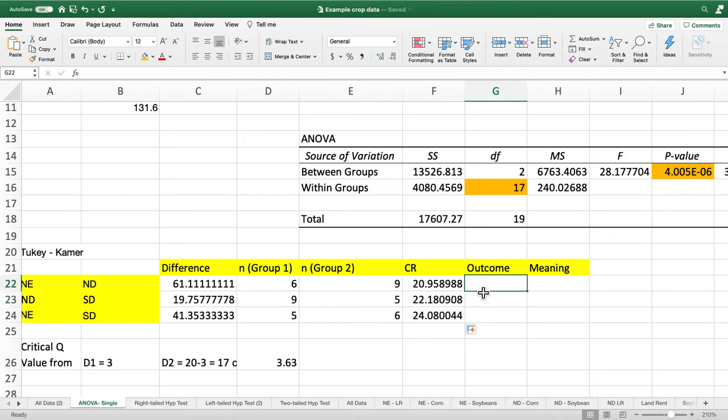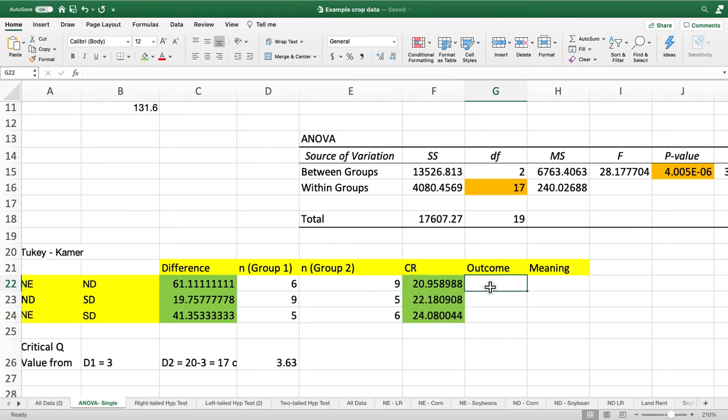So what that means, if you've read through the book, is we've got to make a decision and decide which ones of these are the same and which ones are different. So we look at your difference and your critical range.